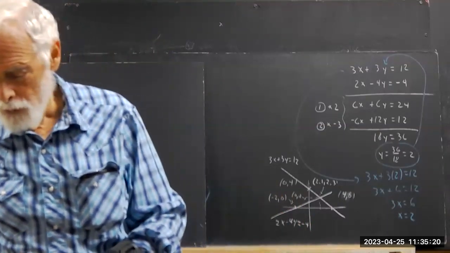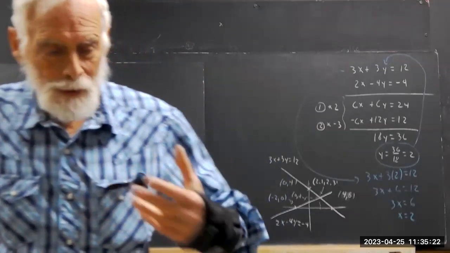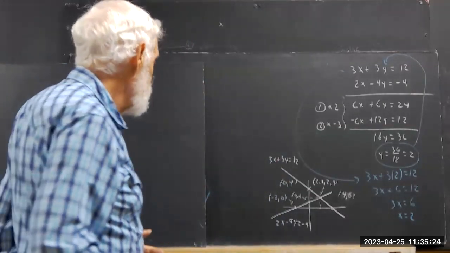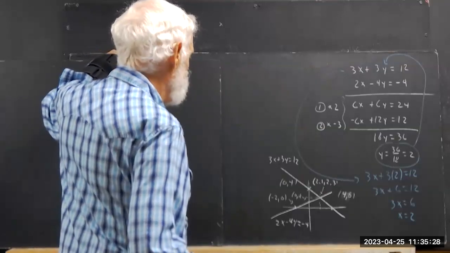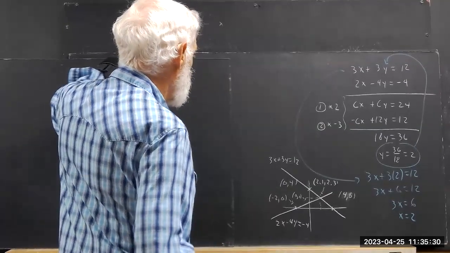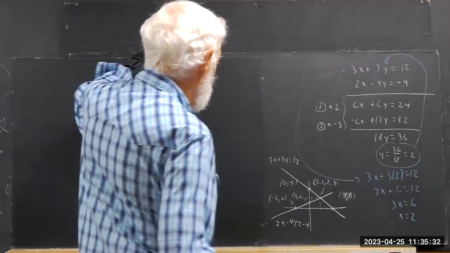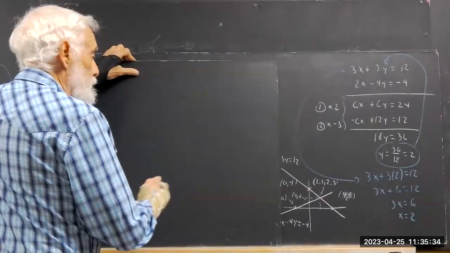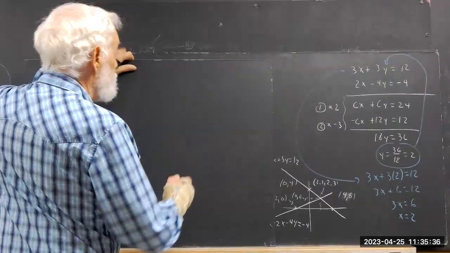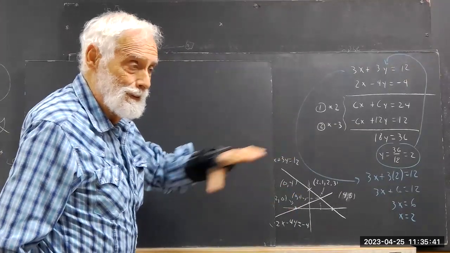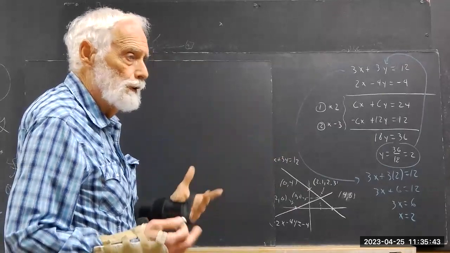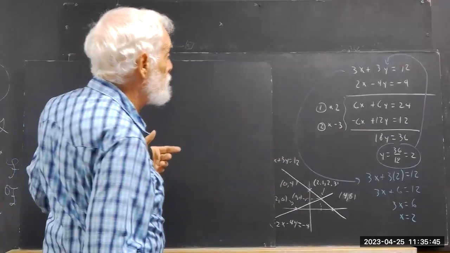Sometimes they don't, and we'll talk about that later. So I'm going to write down 3 equations. You're not going to be able to graph it, because again, it's harder to graph in 3 dimensions.